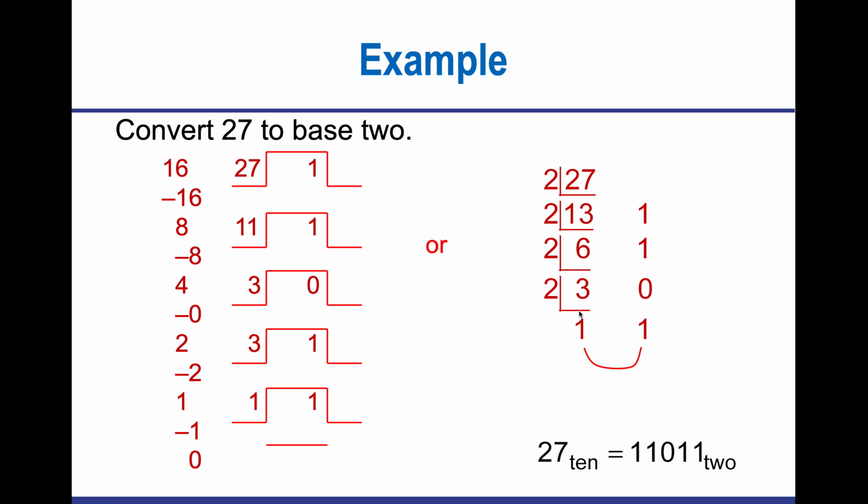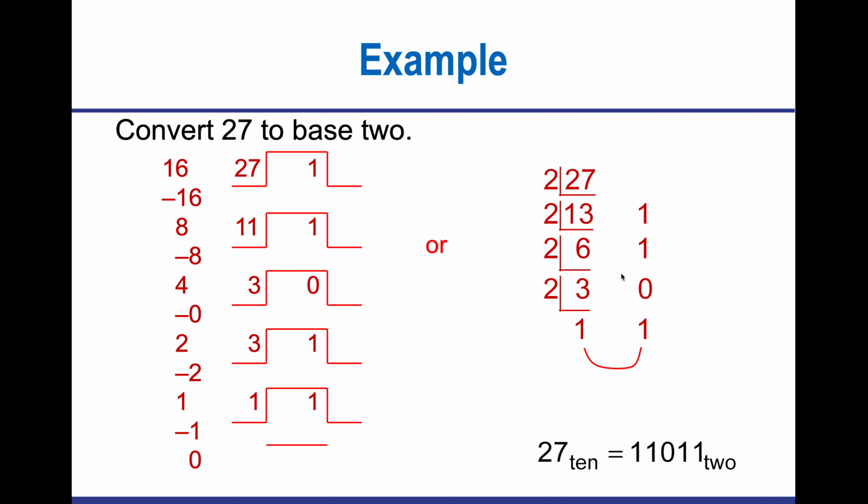So I have 2 goes into 3 1 time, and then I have that 1 hanging out. So when I look at these numbers, I have a remainder of 1 from the first bit of math I did. I have a remainder of 1 from the second math I did with 2 going into 27. It actually goes into it 13 times with the remainder of 1, so that's where this comes from. 2 goes into 13, it can go into 12 with the remainder of 1.